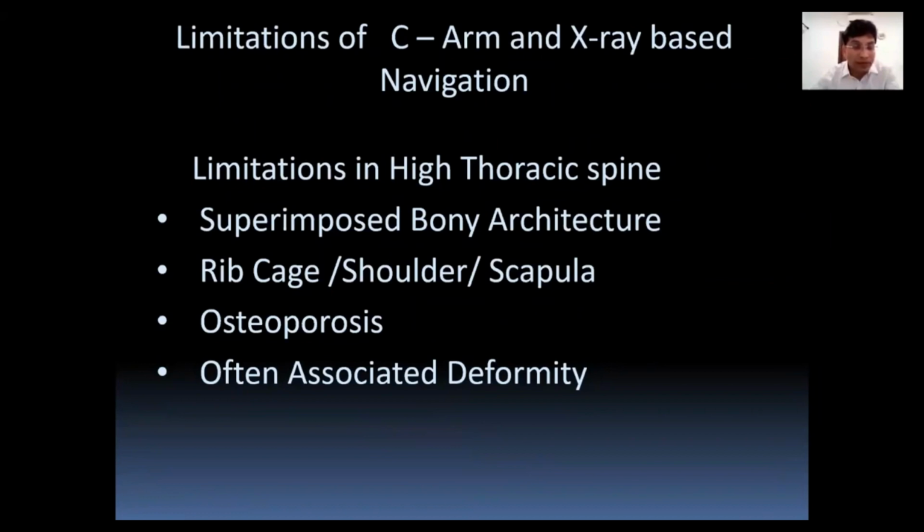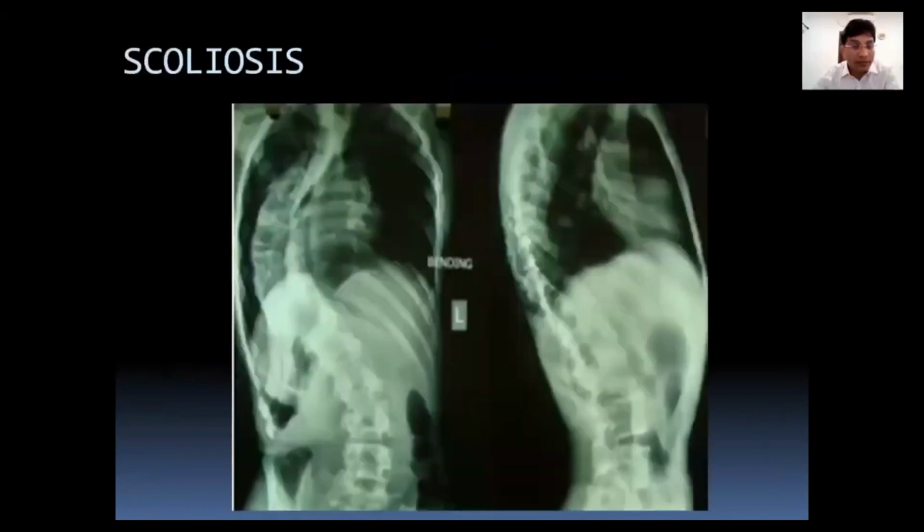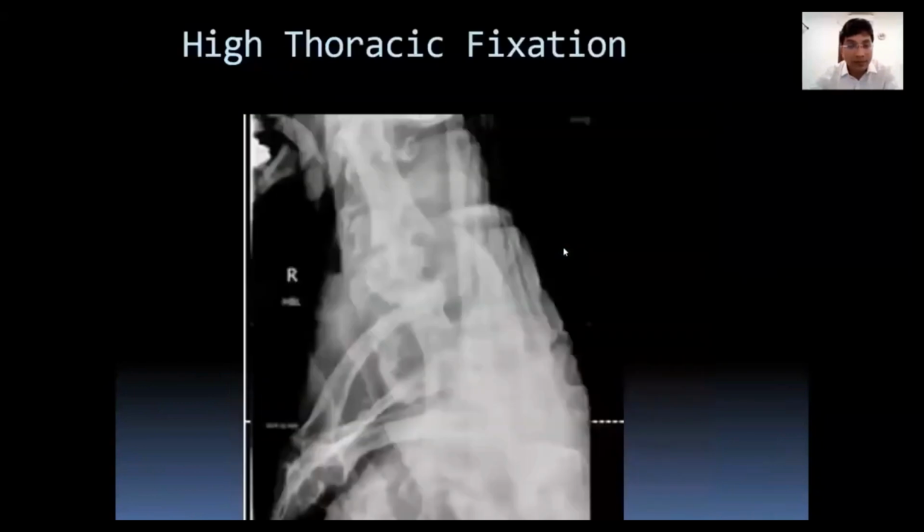And in patients with deformity, the visibility can invariably be poor, and that can lead to misplaced pedicles and misplaced instrumentations. Now, this is a typical example of an X-ray of a patient with scoliosis, a congenital scoliosis, where the visibility of the pedicles in the AP and lateral planes can be very poor and can lead to misplaced instrumentations.